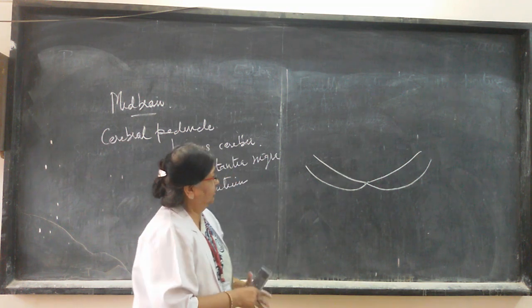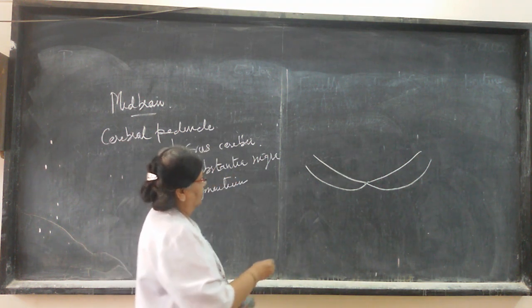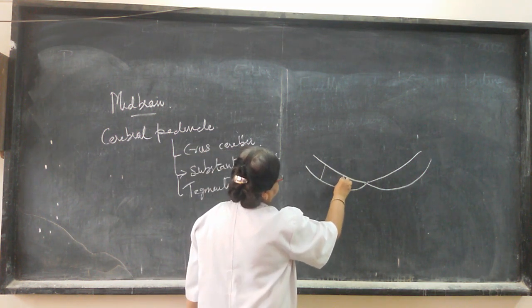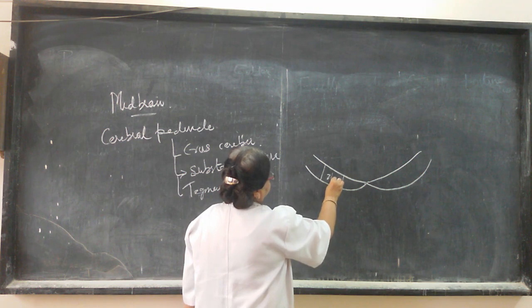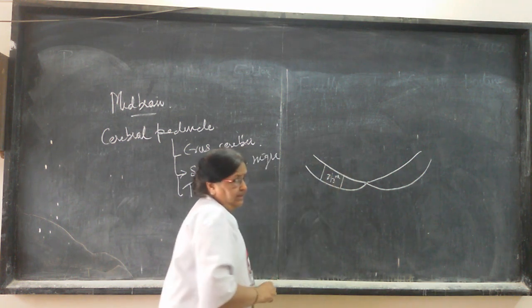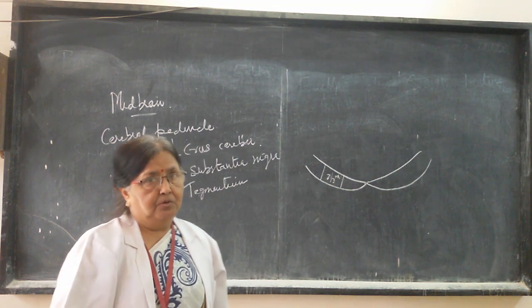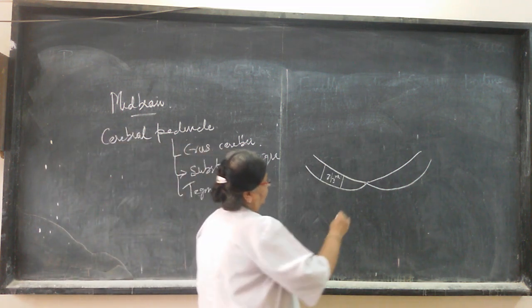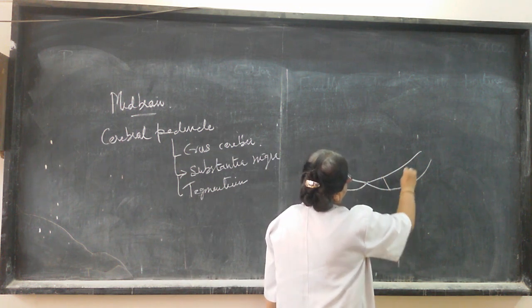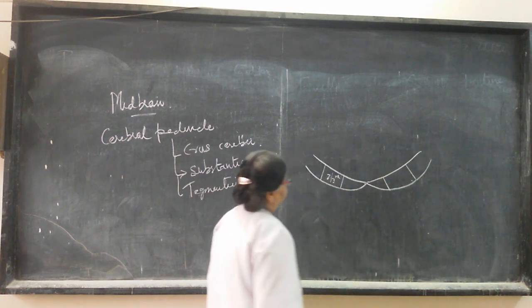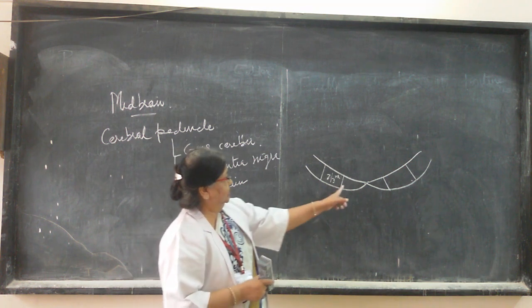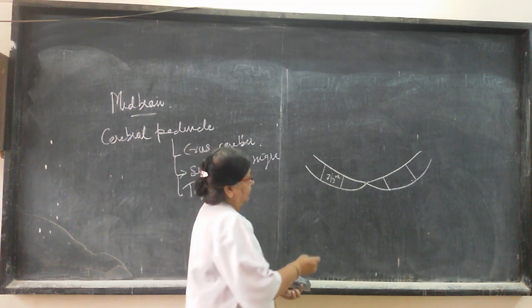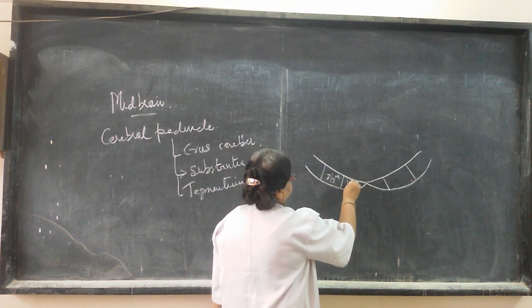The middle two-thirds of this crus cerebri is occupied by corticospinal and corticobulbar tract. The medial 1/6 contains frontopontine fibers.